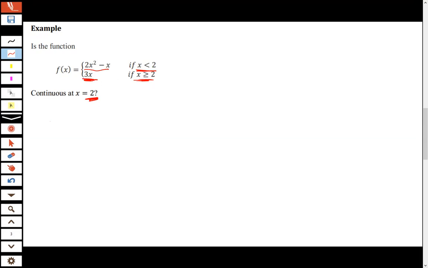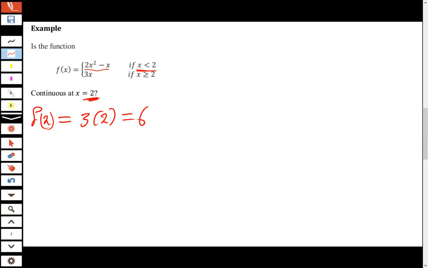So we are getting the second equation in order to find f of a, which is f of 2 in this case. To find f of 2, we're going to use the second function, because that's where 2 is. So we say 3 times 2, and this will give us 6.